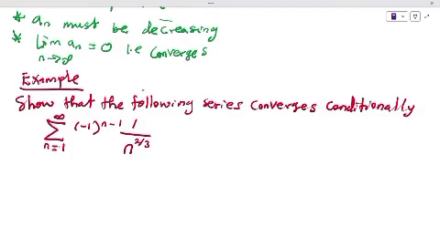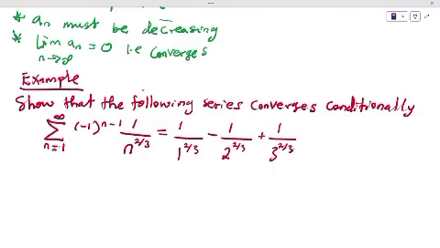Now that we have written the question, the question is not completely written yet, so let me say it equals 1 over 1 to the power of 2 over 3, minus 1 over 2 to the power of 2 over 3, plus 1 over 3 to the power of 2 over 3.